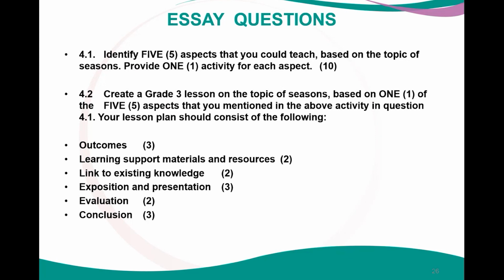And you link existing knowledge with what you're going to teach. You say, what is it that they know that I can link with what I'm going to teach today? Then your presentation must talk to the outcomes, the existing knowledge, and the materials. Evaluation must talk to the outcomes, and your conclusion must talk to all this.